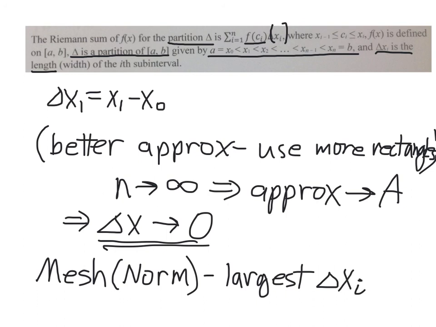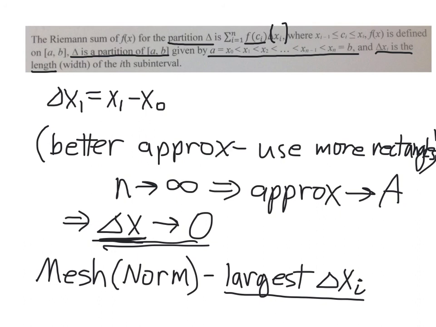Okay. And what we then have to think about, instead of just delta x approaching 0, we can say as the mesh approaches 0. And that will guarantee all the others will approach 0 as well, because the mesh is defined as the largest one of those.